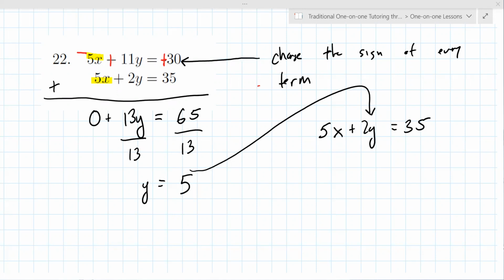I'm lost now. Okay, did you substitute 5 in for y?